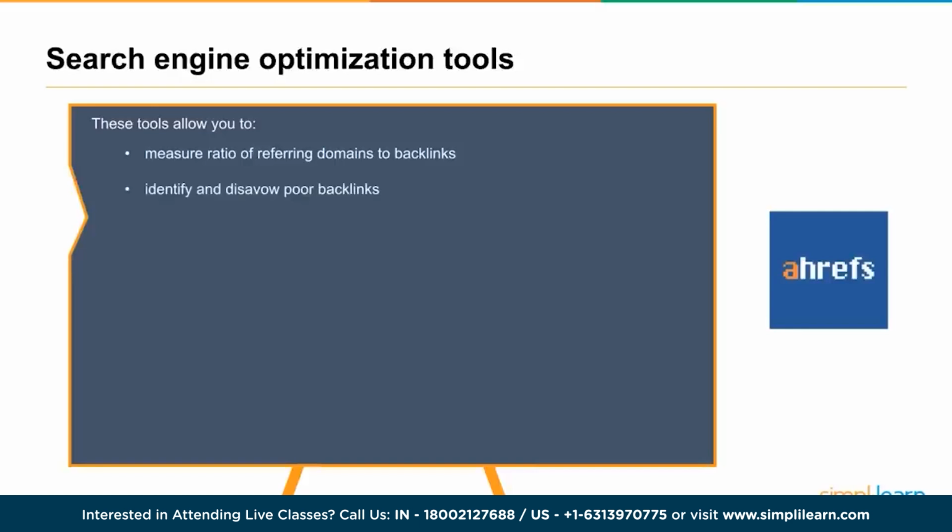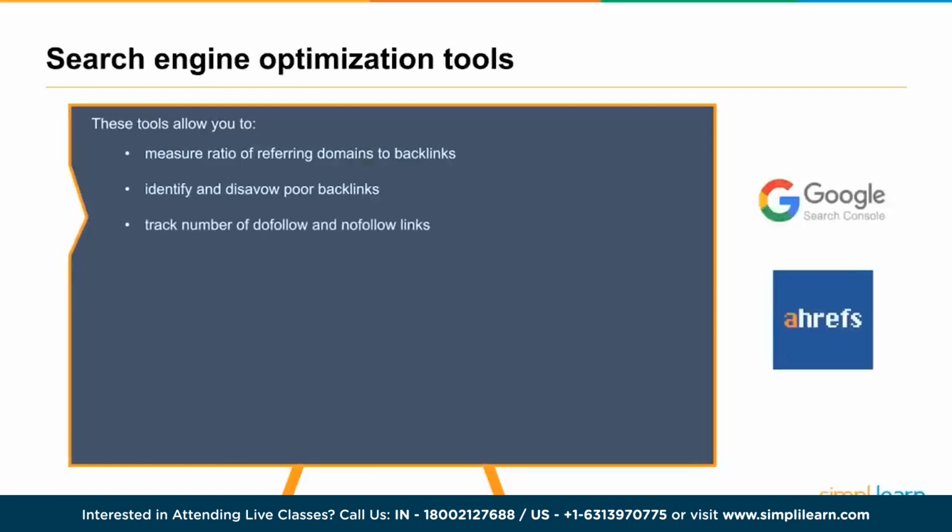We also want to maybe identify and disavow poor backlinks. So Search Console is a great tool for that, because if we don't want to be associated with a particular website, we can certainly disavow that link. We could track a number of follow and no follow links. Okay, we could track our website's rankings.